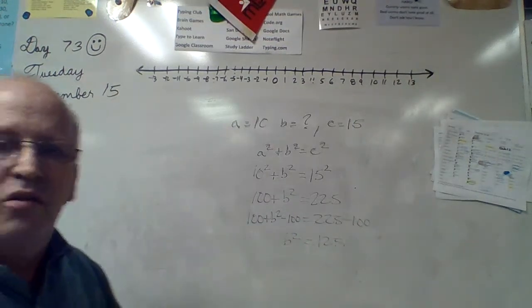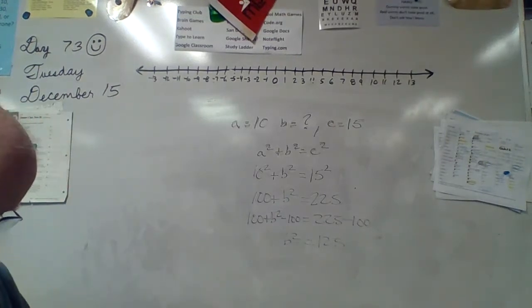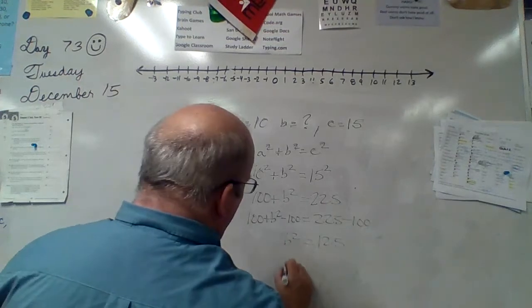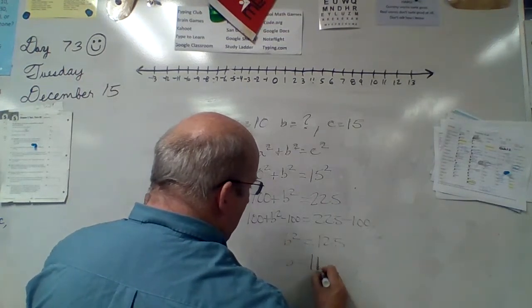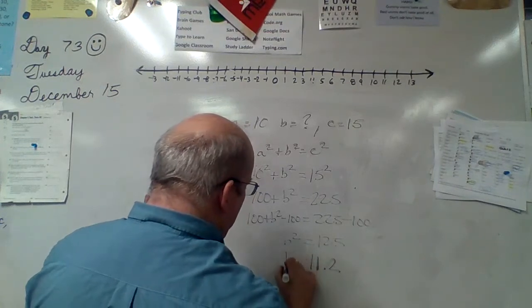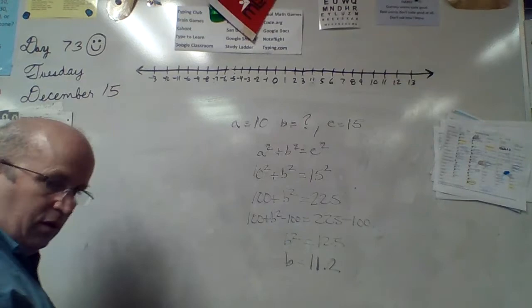I then take the square root of b squared and the square root of 125, and my b value equals approximately 11.2. Time to give up on this pen, isn't it?